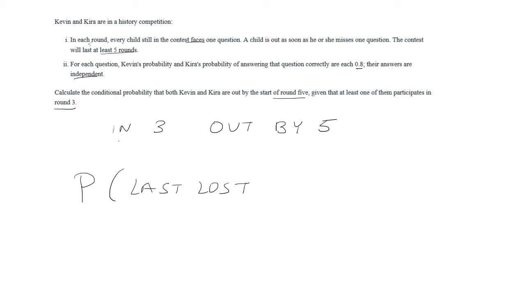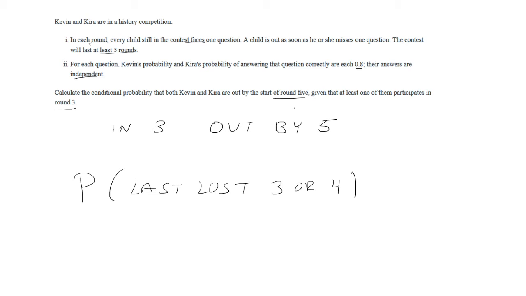But we know that at least one of them participates in round 3. So that means that the last loss has to be after round 2. So it would have to be either round 3 or round 4.